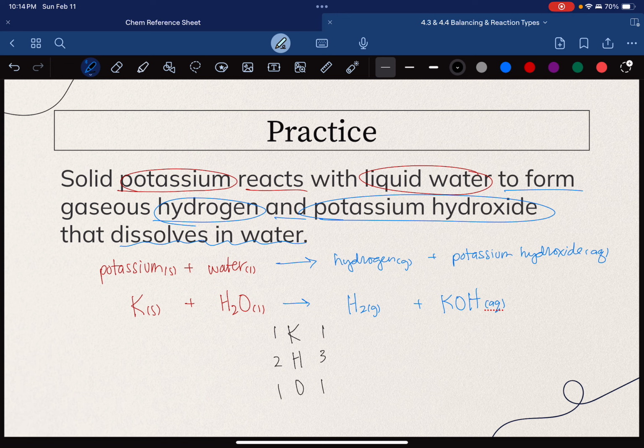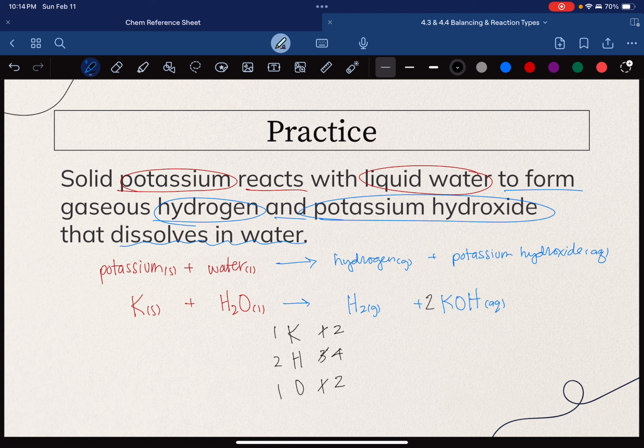I don't know if it's really going to be in this case, but I'm just going to try to get to an even number. The easiest way to get to an even number is I see that there's 2 hydrogens already together for the hydrogen gas, but there's only 1 hydrogen in the KOH, and I want to get an even number, so I'm just going to pop a 2 in there, which changes all of them.